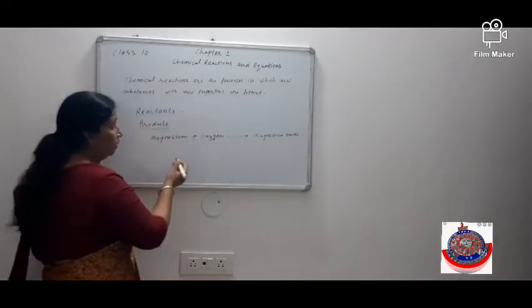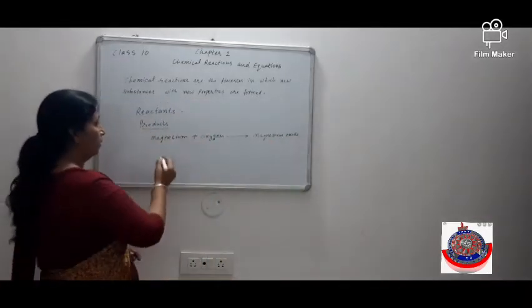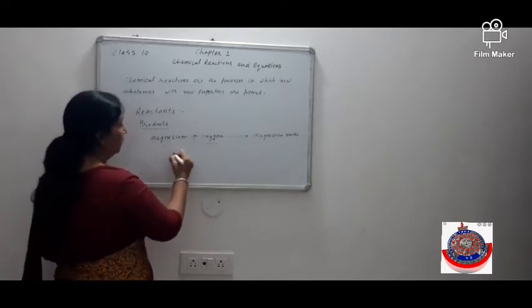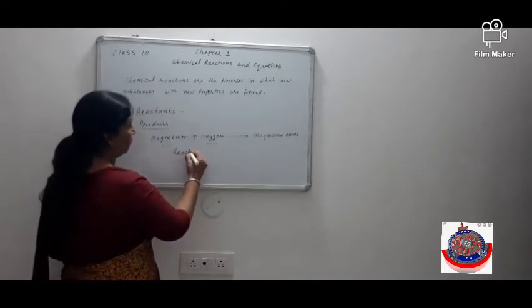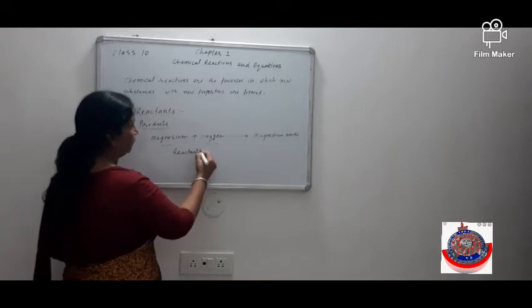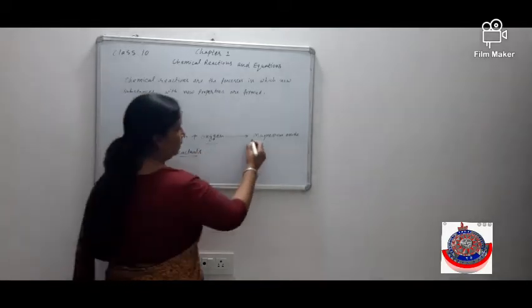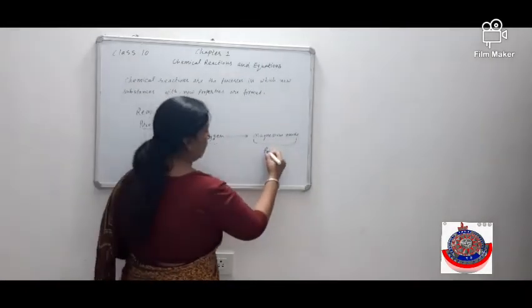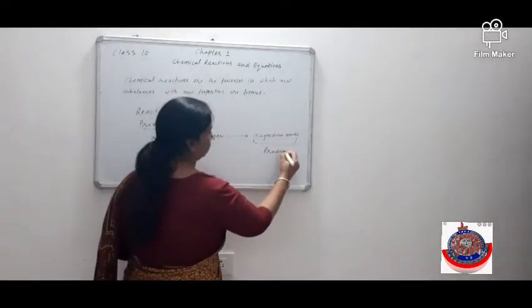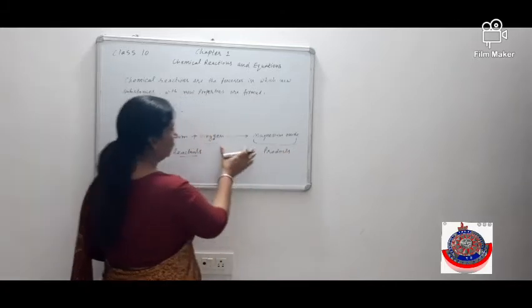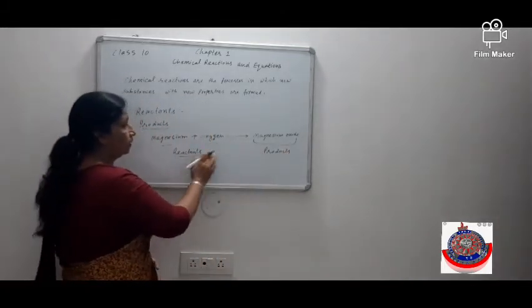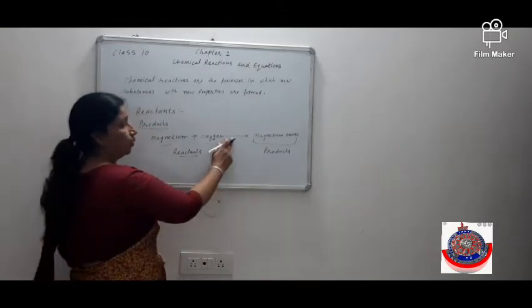See, this is a chemical reaction. Magnesium and oxygen, these are reactants. And this is a result of this reaction, and this is known as products. Both sides are separated, reactants and products, with an arrow.